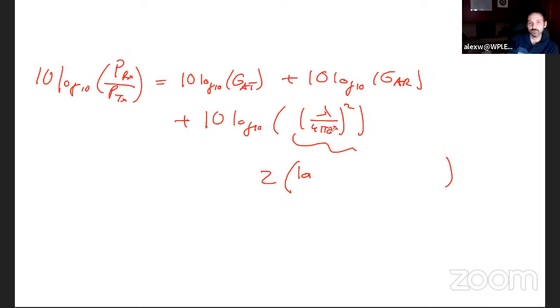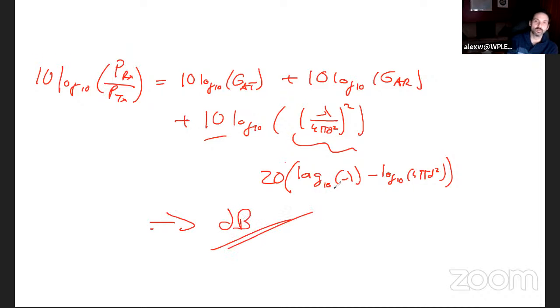If we just take the log of this, it would be log 10 lambda minus log 10 of 4 pi d, and then this is multiplied by 10, so this would all be 20. You just work this out, and this would give us our answer in dB, which is usually how we refer to end-to-end anyway, in decibels.